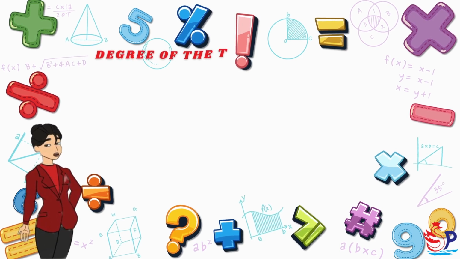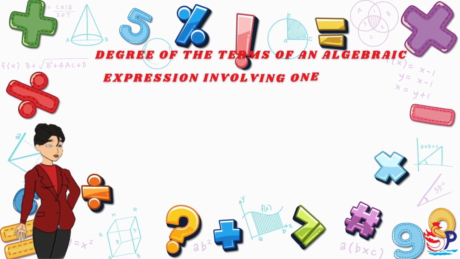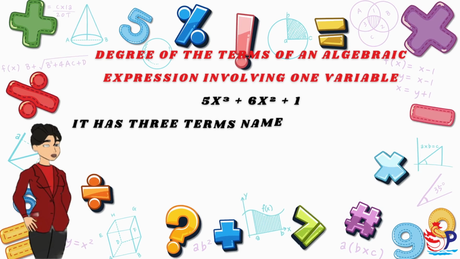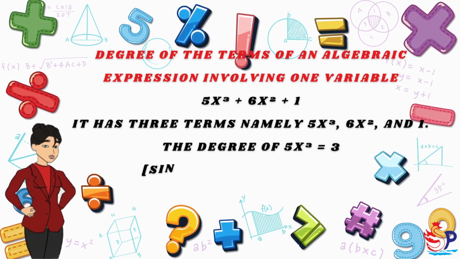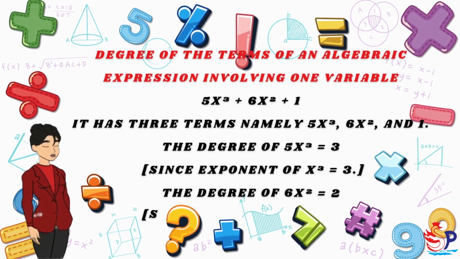Degree of the terms of an algebraic expression involving one variable. 5x power 3 plus 6x power 2 plus 1. It has 3 terms, namely 5x power 3, 6x power 2, and 1.